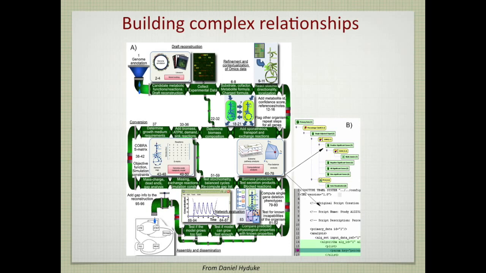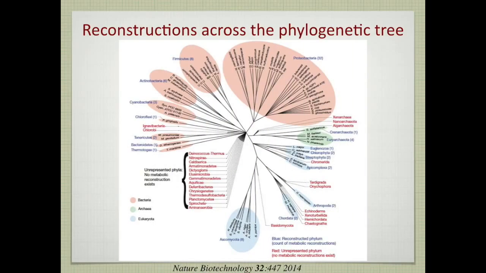There are many workflows. But like with a new experimental method that you put together that works, once you have a workflow, you can then apply it over and over and over again. And this workflow has now been applied to metabolic reconstructions around the phylogenetic tree. I think there's close to 100 well-curated, or reasonably well-curated metabolic reconstructions available right now.